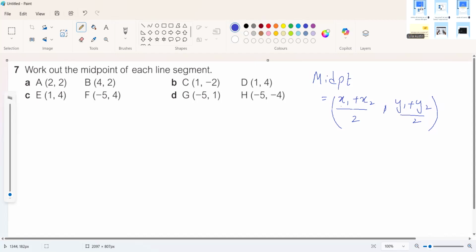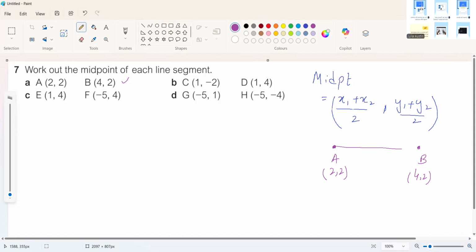Now, where do x1, x2, y1, and y2 come from? For example, if I have a line segment, let's say I'm taking point A and point B. Point A has coordinates 2 and 2, and point B has coordinates 4 and 2. And this is a line segment.